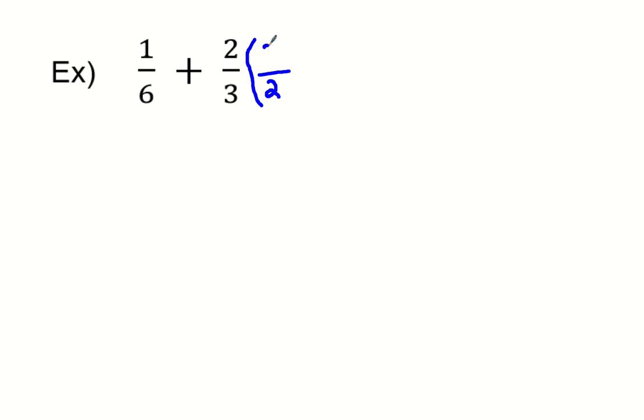But if you multiply the same exact number to the numerator, then it's allowed. Whatever you multiply to the bottom, you have to multiply the same thing to the top, and then it's all good. So now this becomes 1/6 plus, 3 times 2 is 6 and 2 times 2 is 4, so 2/3 is equivalent to 4/6. Now that the denominators match, you can add them together and get 5/6.